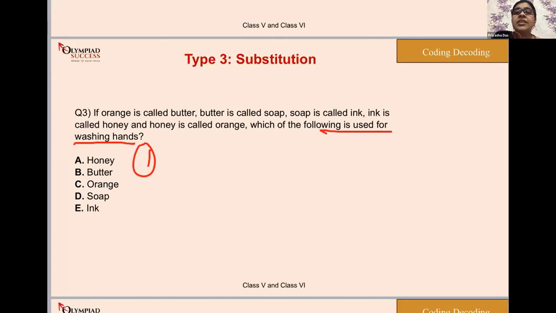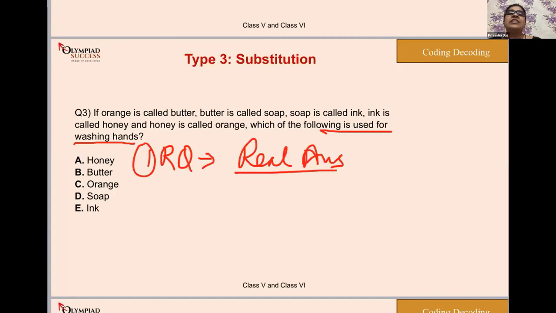Step 1, the real question is: what is used for washing hands? Now, what is the real answer for this? Tell me, guys, the real answer in the chat box. What do we use for washing hands out of the given options? Soap, absolutely correct. We use soap, but this is our real answer.